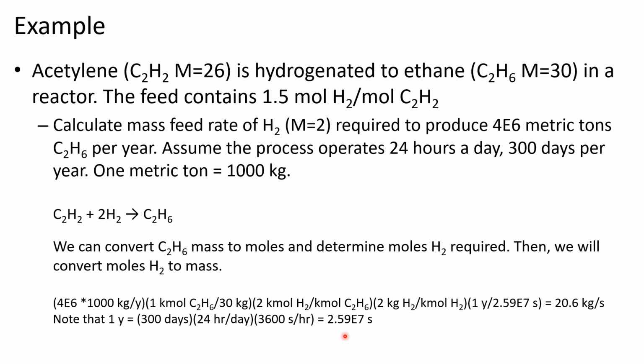If we multiply this all out, we find that for the 1 year as defined here, the number of seconds in that year is 2.59 times 10 to the 7th. So we'll multiply by the ratio of 1 year equal to 2.59 times 10 to the 7th seconds to give us a total mass flow rate of hydrogen of 20.6 kilograms per second.